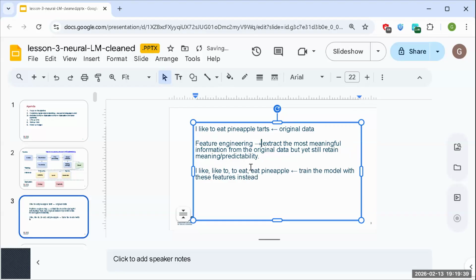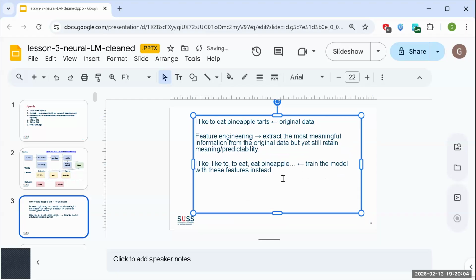Of course you can train the model with the original data, it's fine, but feature engineering doesn't mean that your model will necessarily be better. You just need to experiment with it. In the end, if you decide to use this to train the model, then it will be a different set of features. So this part is the feature engineering part. You're just selecting the best features to ensure there's predictability.